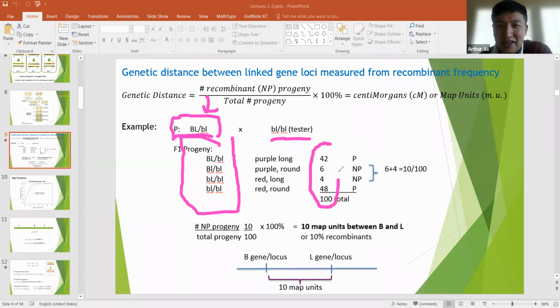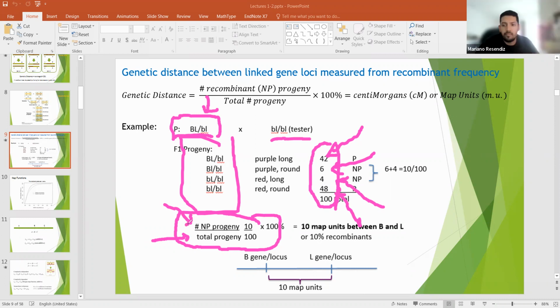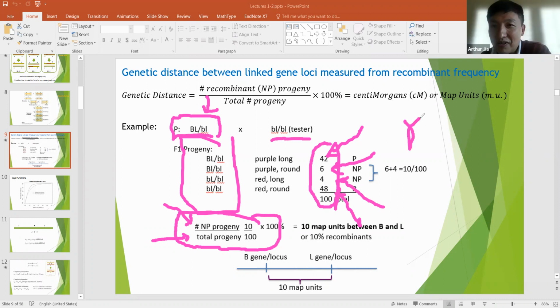From this data, the most important thing is to figure out which numbers represent the recombinant progeny. If you figure that out, it's easy to construct the ratio. The denominator will be the total number of progeny, and the numerator will be the number of progeny that represent the non-parental type. This is how we calculate R.